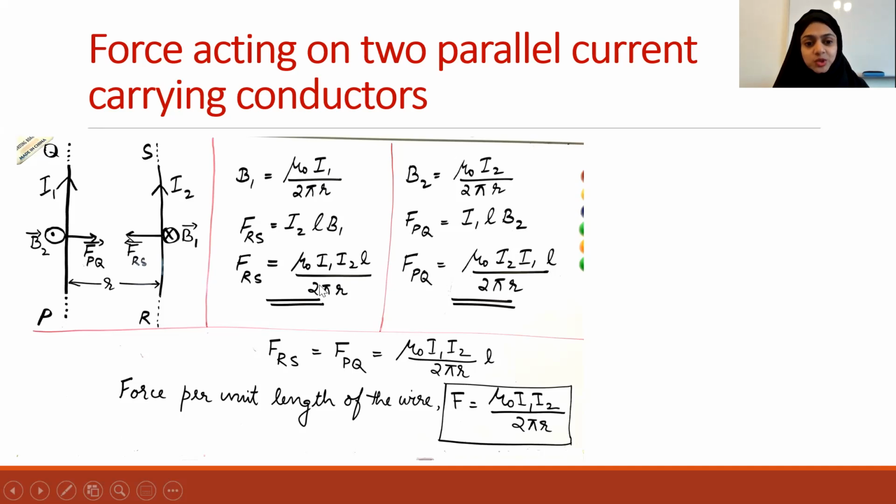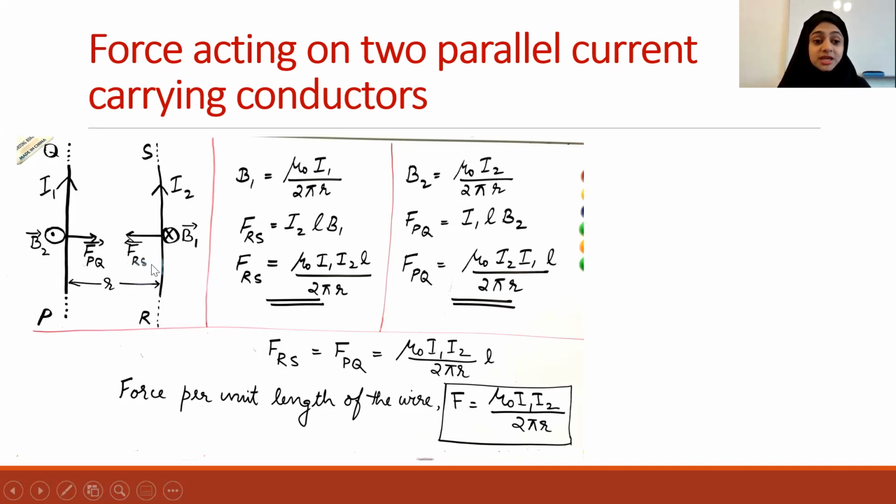Now look at these two expressions, the force experienced by this wire RS and the force experienced by this wire PQ. They have the same magnitude. Both contain mu naught I1 I2 L by 2 pi r. So both these wires will experience the same force, right?